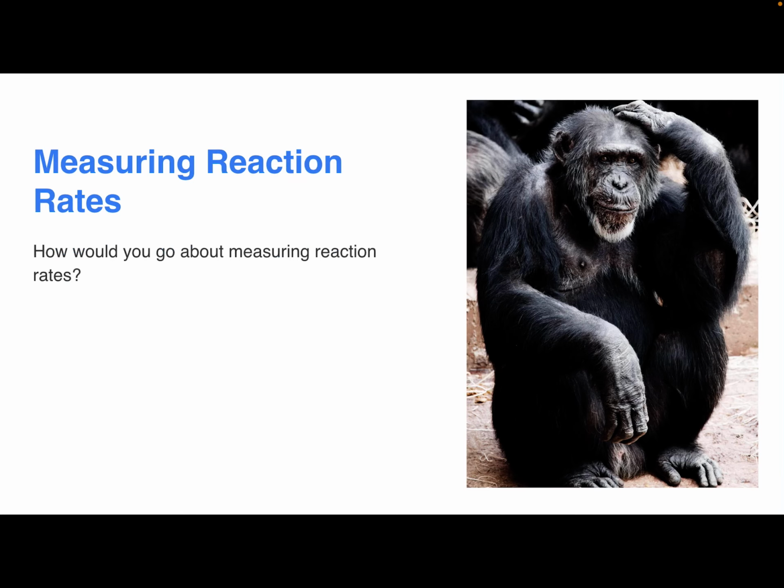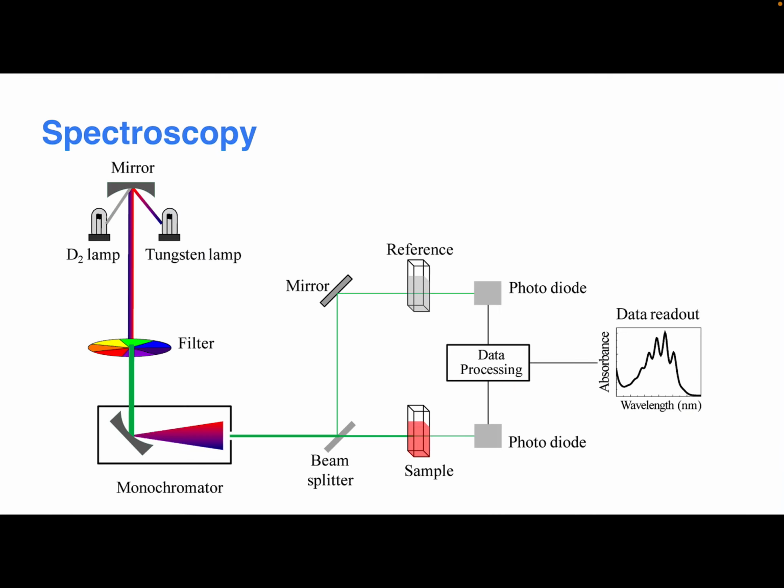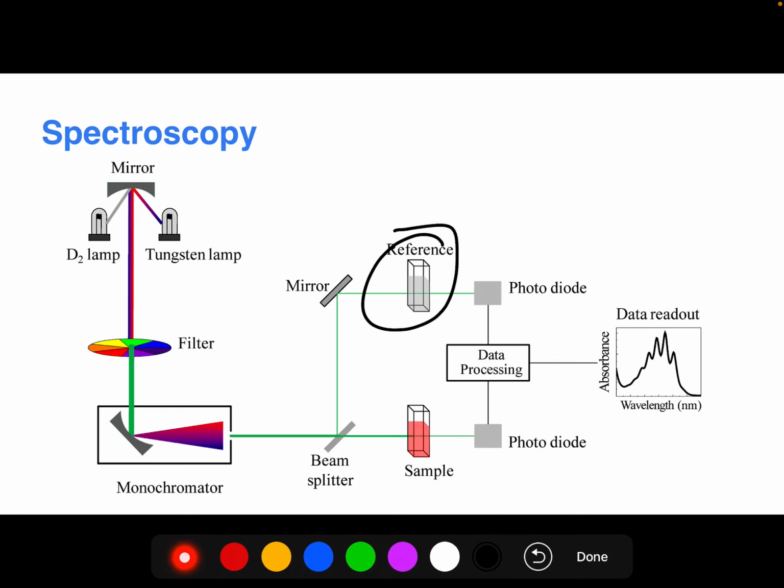So how do we measure reaction rates? We use spectroscopy, like I have mentioned before, and like in our lab earlier in the year. We can measure how fast a reaction occurs by, sometimes, first of all, we have colored substances, but other times we have to put an indicator in there, and as the reaction proceeds, a reactant or product will either gain color or lose color, and we can reference that with a clear cuvette.